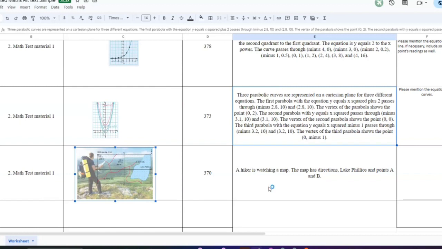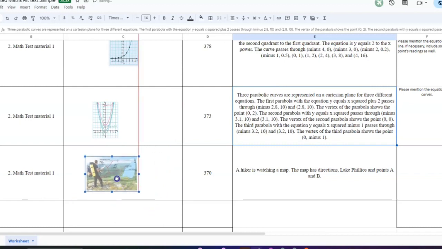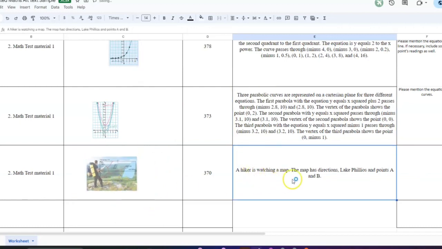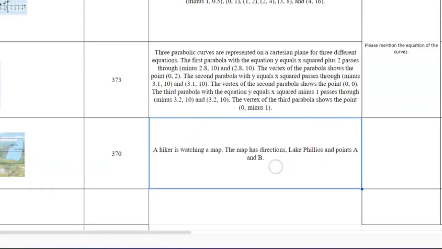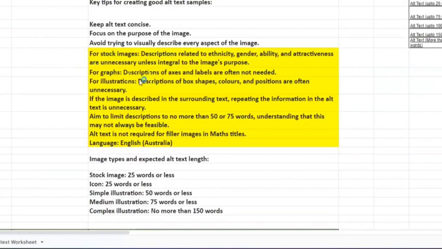So this is the last point you must know. So, a hiker watching a map. This map has a direction, lake, place, and point A to B. Right. When you work on this project, you will understand this.